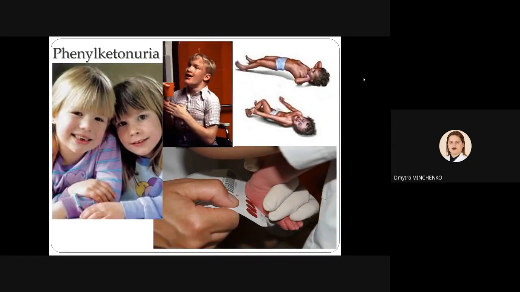Now let's take a look at disorders associated with dysfunction of the protein metabolism in the body. One such disorder is phenylketonuria. Phenylketonuria is tested as part of the neonatal screening. One of the major manifestations of phenylketonuria is the appearance of convulsions or seizures.